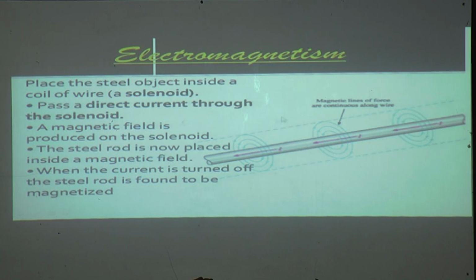So the steel rod is now placed inside a magnetic field. When the current is turned off, the steel rod is found to be magnetized. So because of this solenoid, whatever steel rod we kept inside that wire will show that it is magnetized.